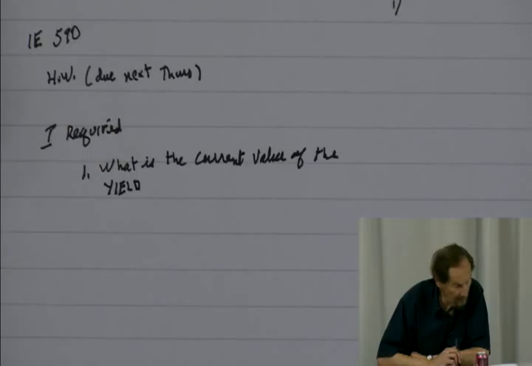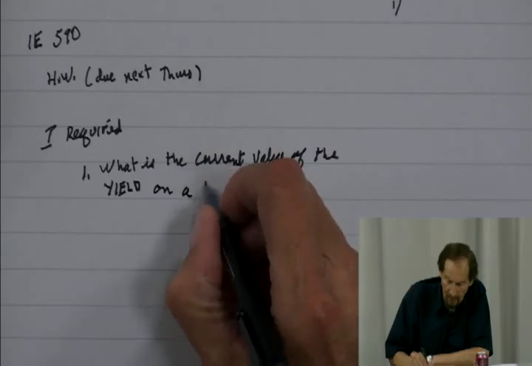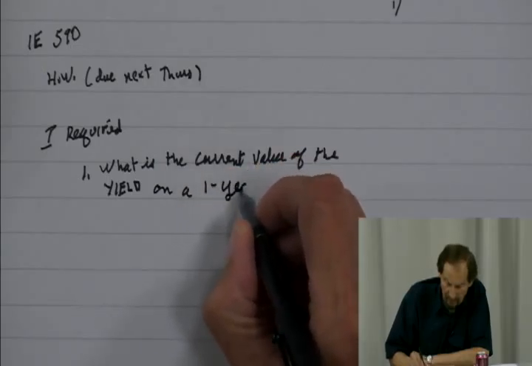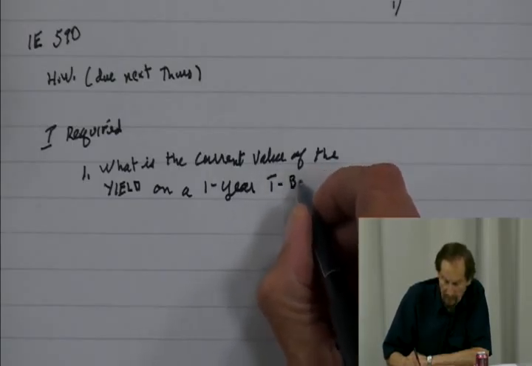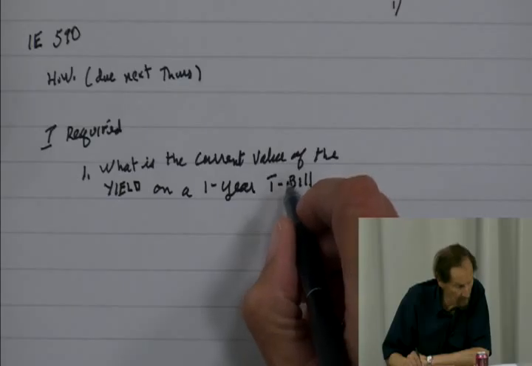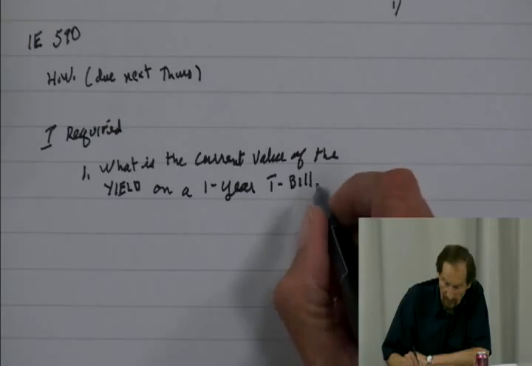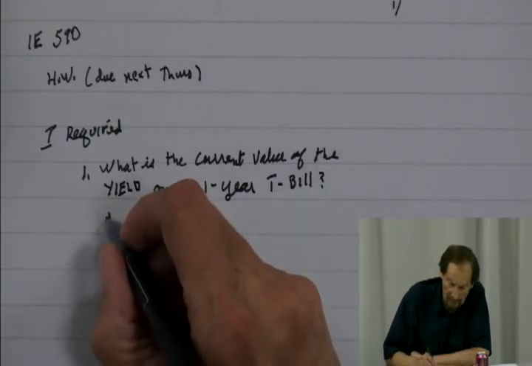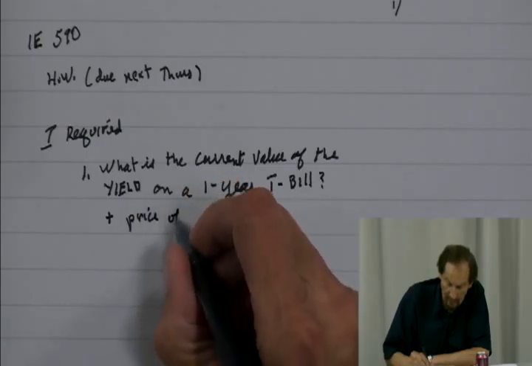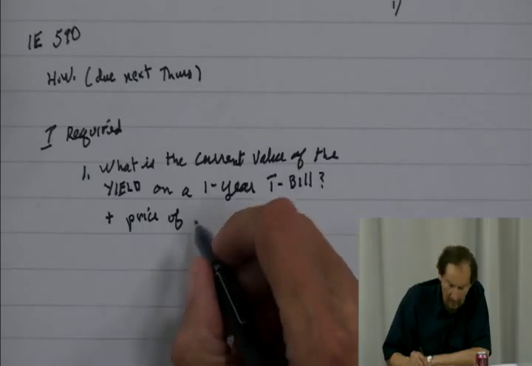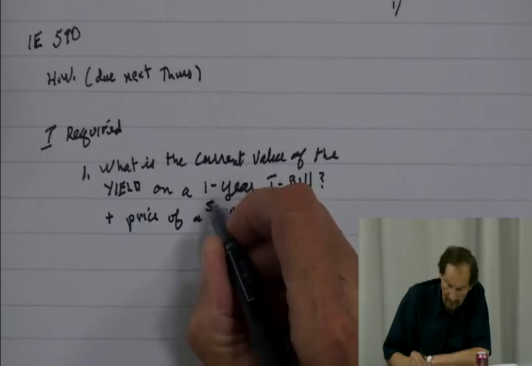It's really like the interest rate on a 1-year Treasury bill, plus the price of a $1,000 T-bill.